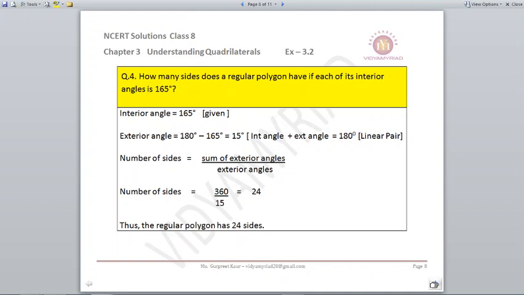We have to find out the sides. So the formula for that is the same which we had discussed earlier. Number of sides is equal to sum of exterior angles divided by each exterior angle. Sum of exterior angles is always 360. We know that each exterior angle is 15 degrees, which we have just found out. So number of sides will be 24.